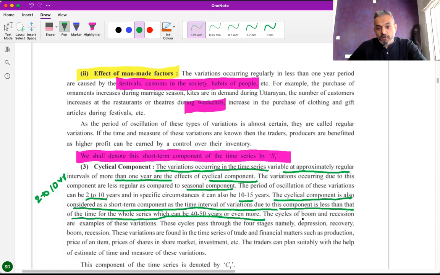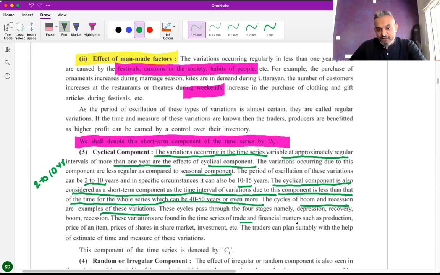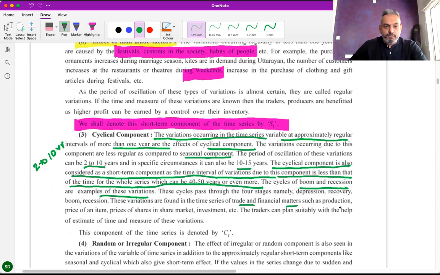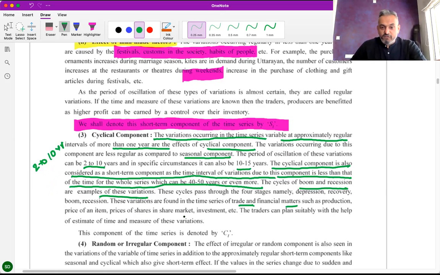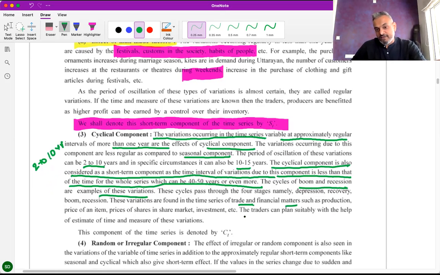The cycles of boom and recessions are examples of these variations. So boom and recessions happen over a longer period of 40 to 50 years. These variations are found in time series of trade and financial matters such as production, price of items, price of shares in the share market, investment, etc.